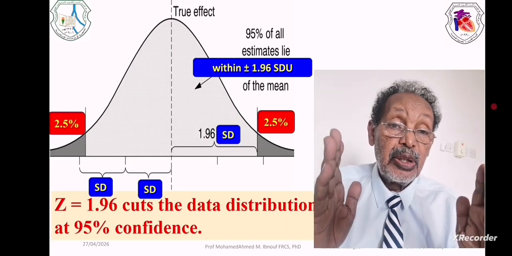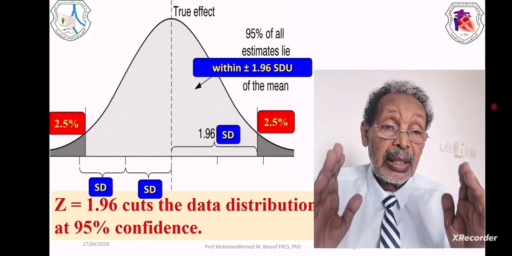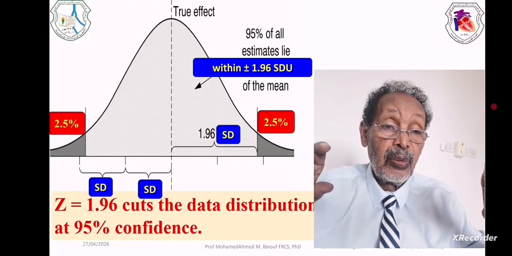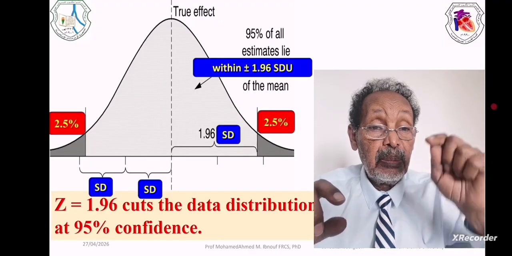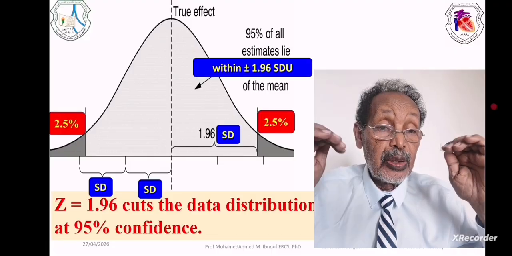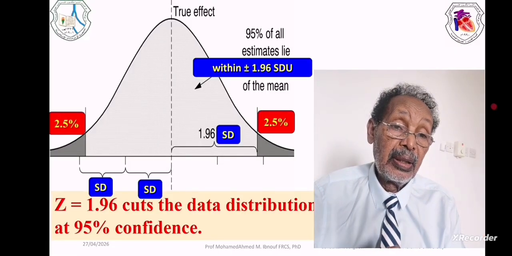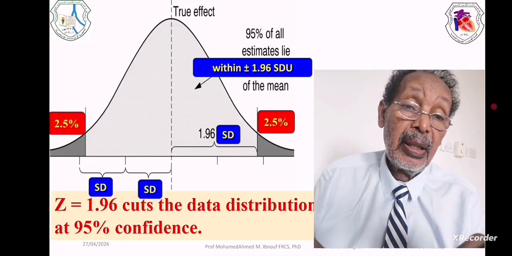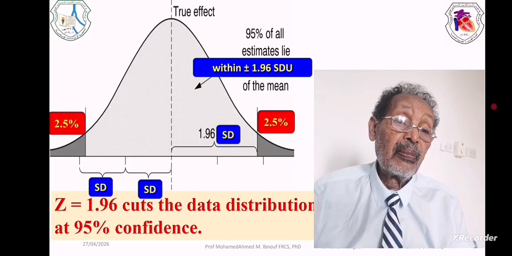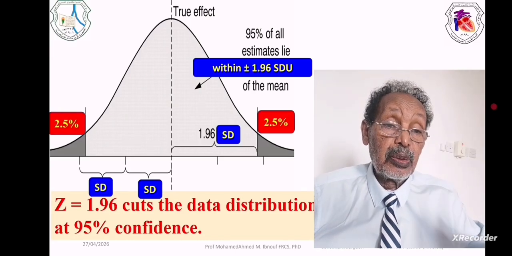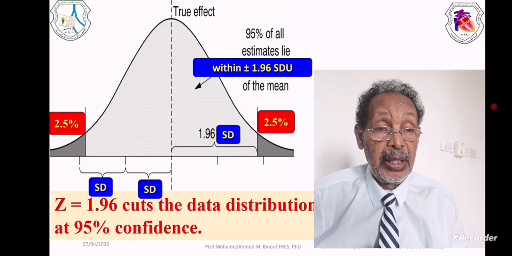So within these limits of ±1.96 lies the 95% confidence interval, within which we find the mean and 95% of the estimates or of the data around the mean. And only 5% statistically significantly different lies split into 2 halves, each half at each tail.